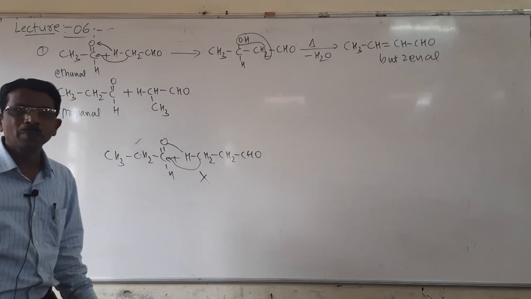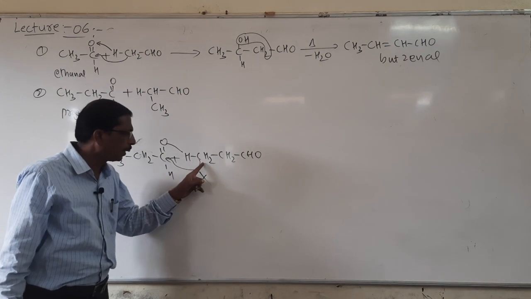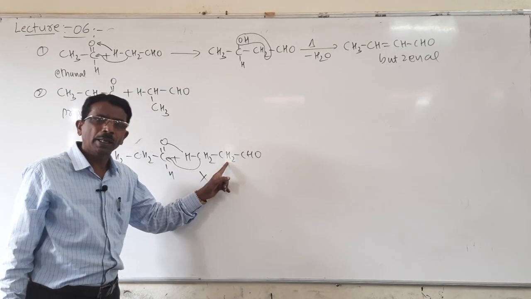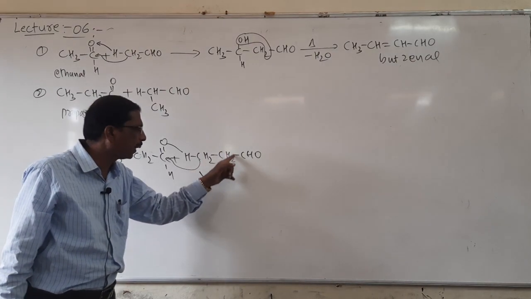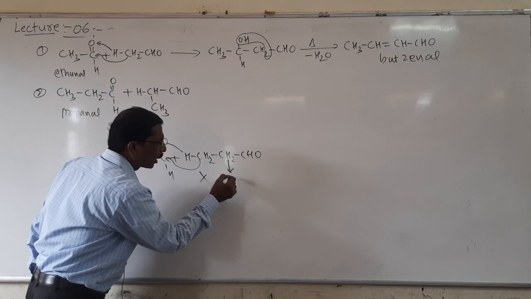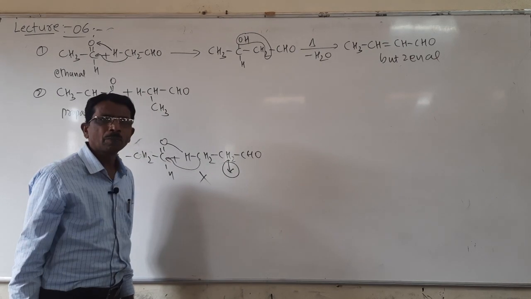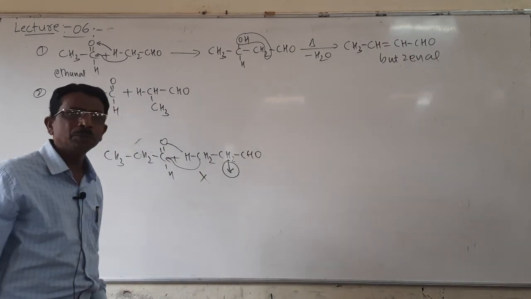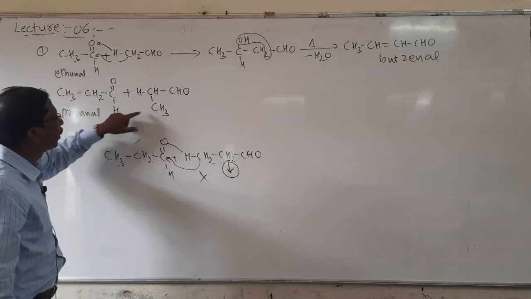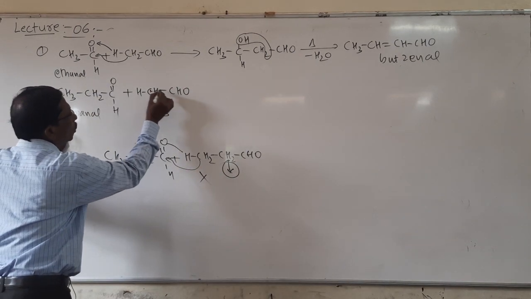Because this is a primary carbon atom and this is a secondary carbon atom. In reactivity, the secondary carbon atom is more reactive. So this hydrogen is more reactive and it reacts in the presence of alkali. Here it is secondary, 1, 2, 3.